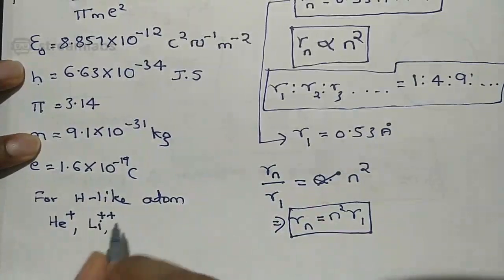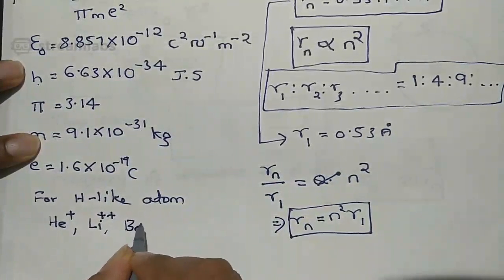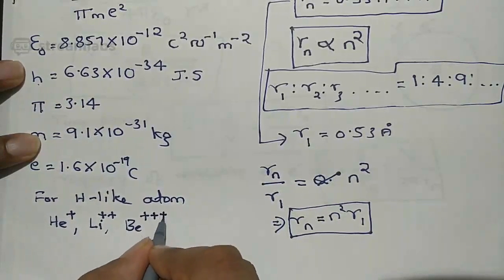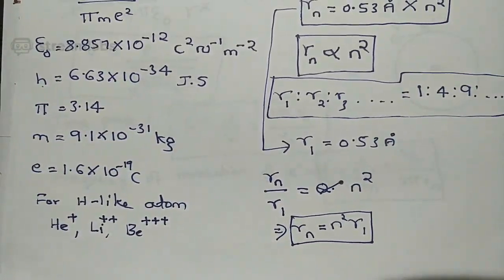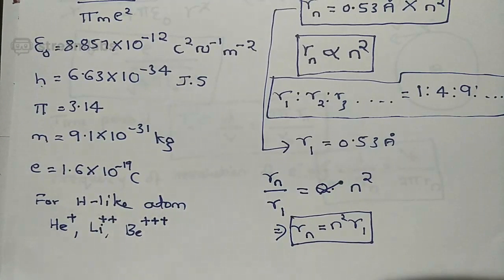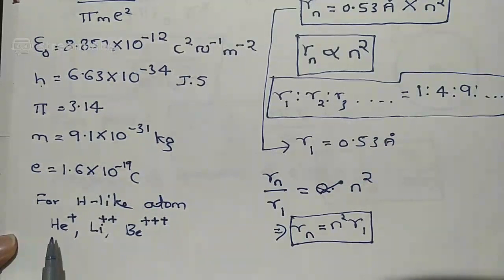You take beryllium, 4 electrons. How many electrons you have to remove? 3 electrons you have to remove. So triply ionized beryllium. They are all hydrogen like atoms. Their Z is not the same. For helium Z equal to 2, lithium Z equal to 3, beryllium Z equal to 4. But they have only a single electron in their orbit when you ionize.